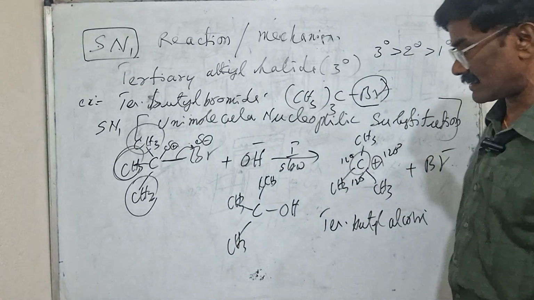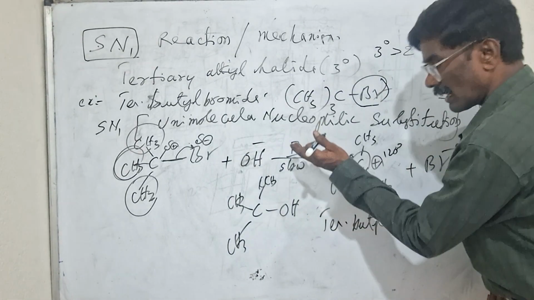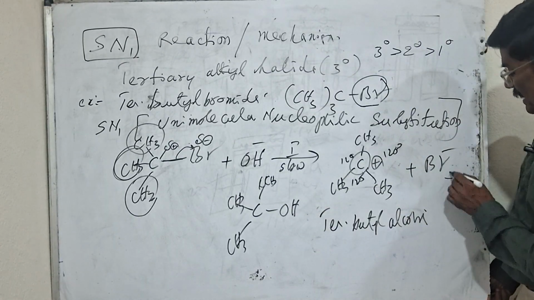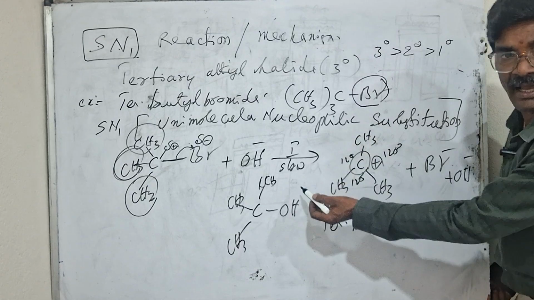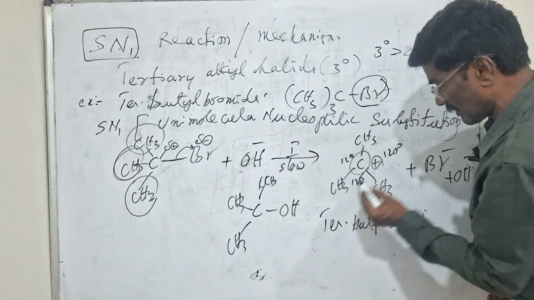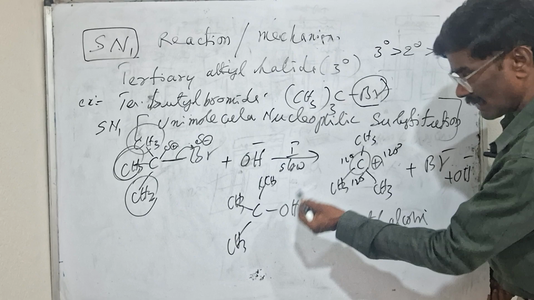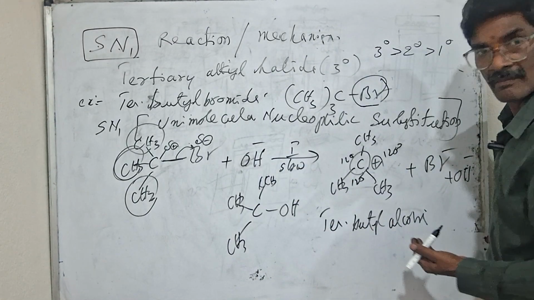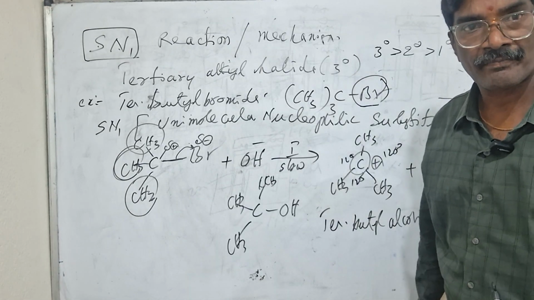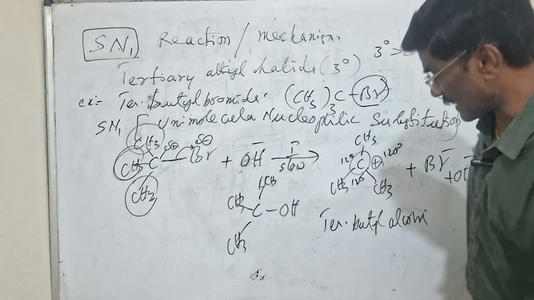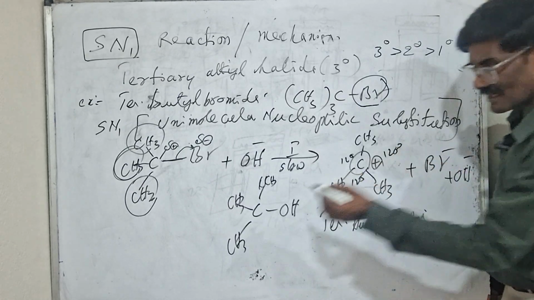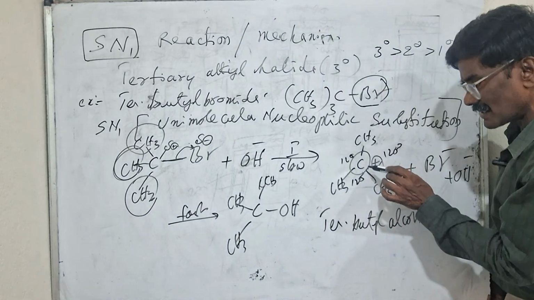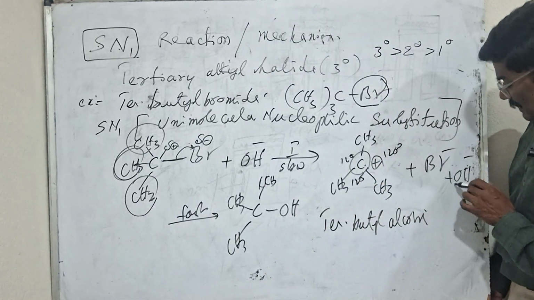The first step is the slow step. In the second step, the hydroxyl group OH minus attacks the positively charged carbon atom and gives tertiary butyl alcohol as the product. The second step is fast, because the reaction takes place between ions: the positively charged carbocation and the negatively charged hydroxyl group.